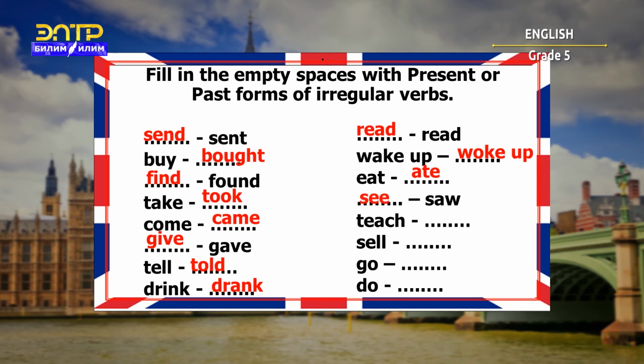For saw, in the present simple we use see. Teach, taught. Sell, sold. Go, went. Do, did.